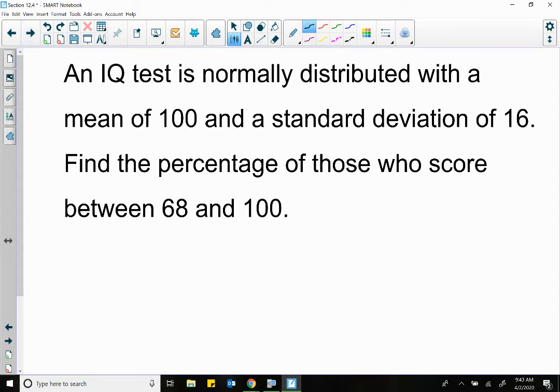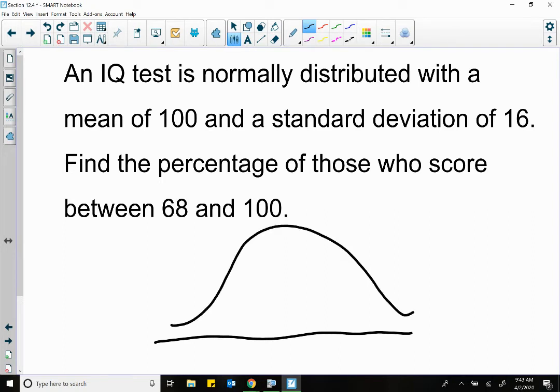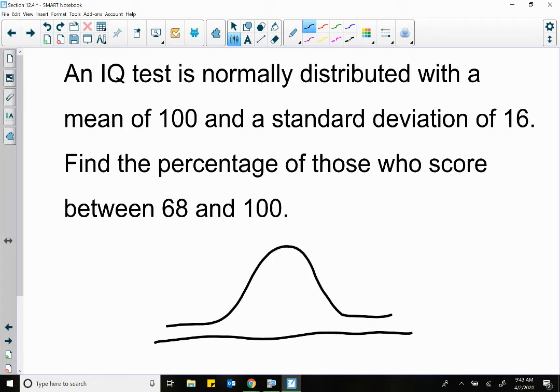Okay. So I'm going to draw in my little... Well, that's horrible. There's my bell curve. We know that in the middle is the mean. So that is 100. Okay?